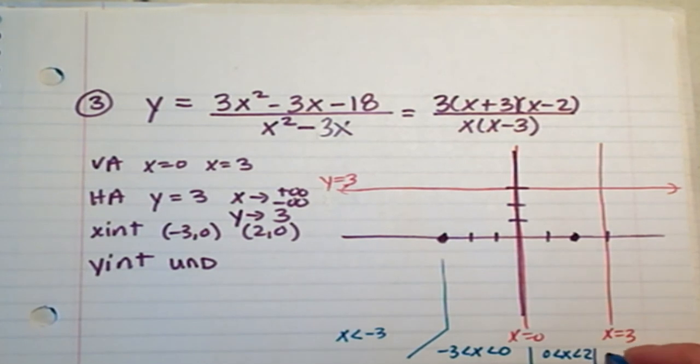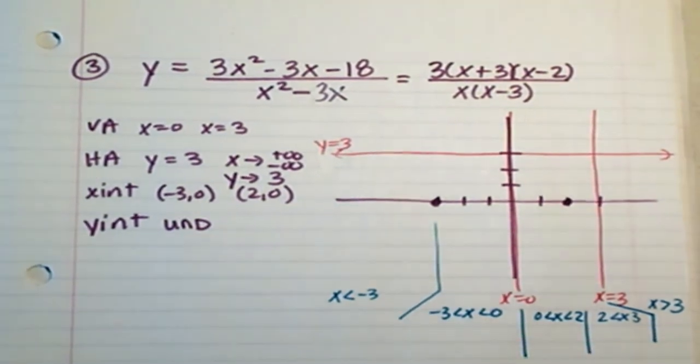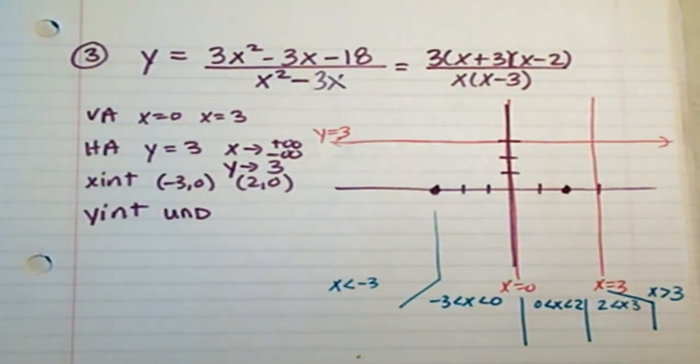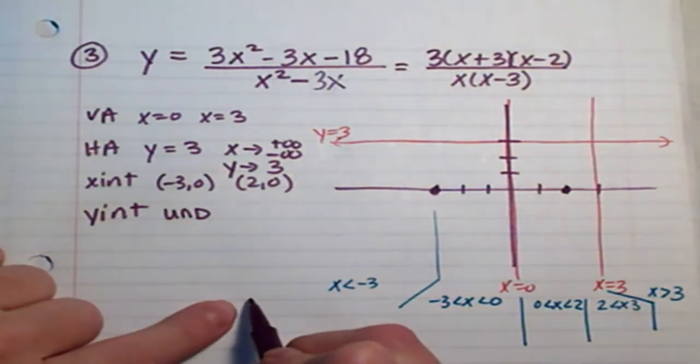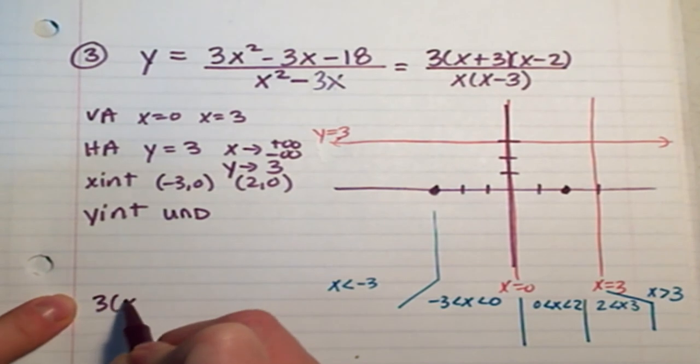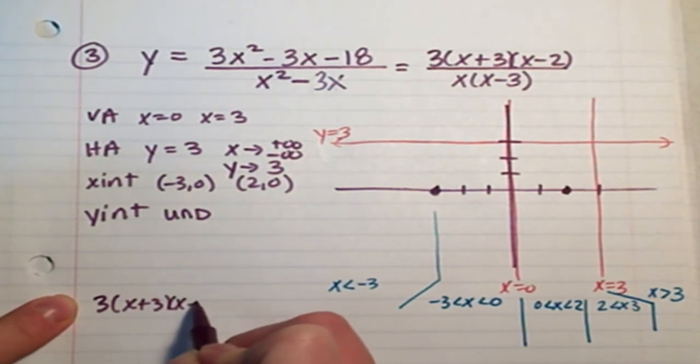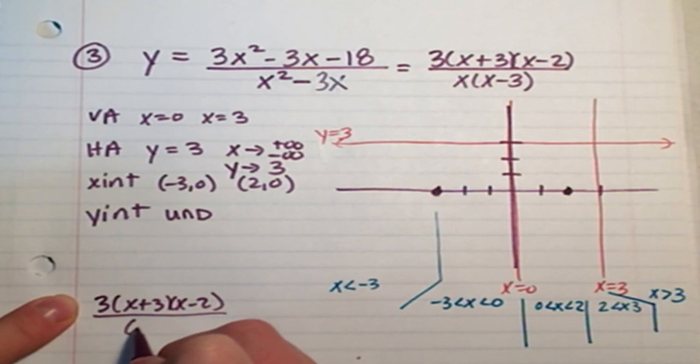And then I have between 2 and 3. Okay, and then I have x is more than 3. So I've got quite a few sections here. So I'm going to start thinking about multiplicities as well. Okay, now I've got 3, x plus 3, x minus 2, x, and x minus 3.